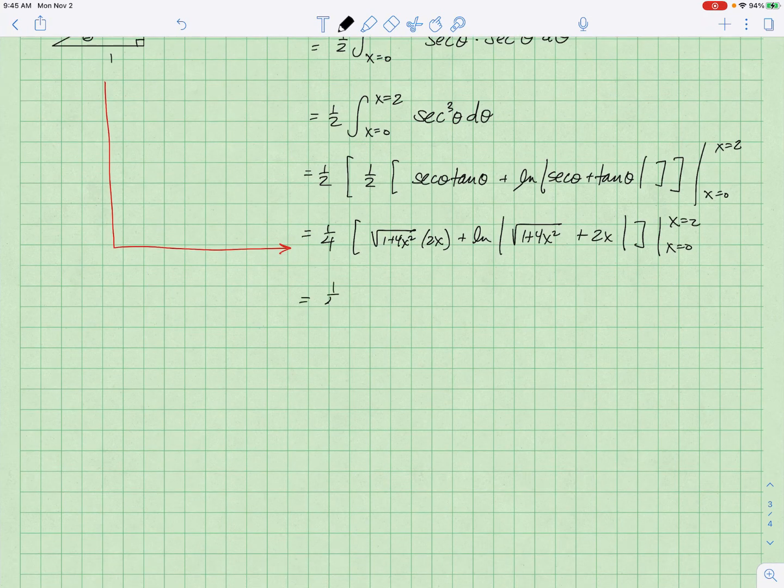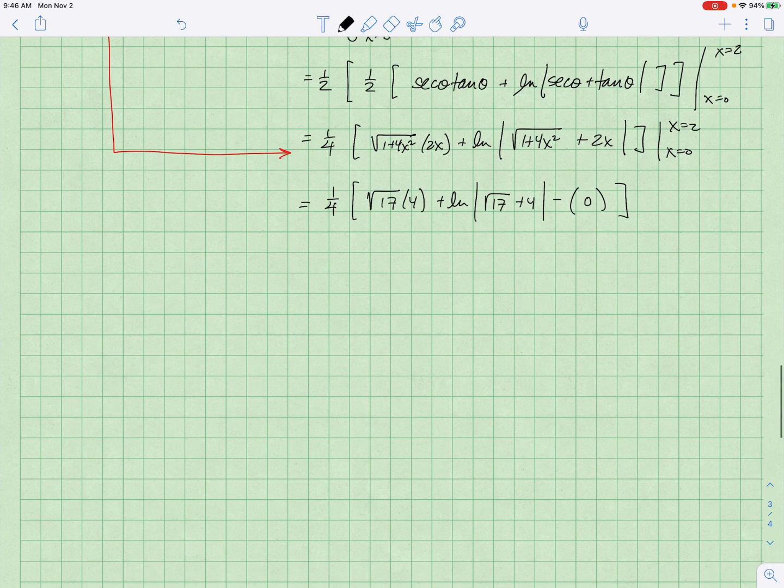And this becomes 1/4, and when we plug in 2, we get the square root of 17 times 4 plus the natural log of the square root of 17 plus 4. And when we plug in 0, we get 0.